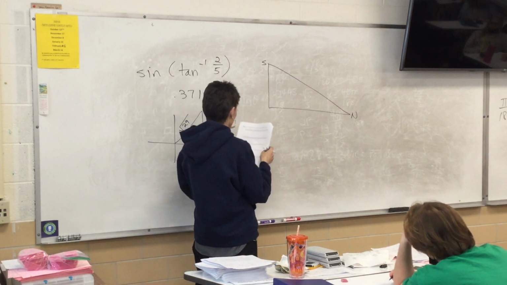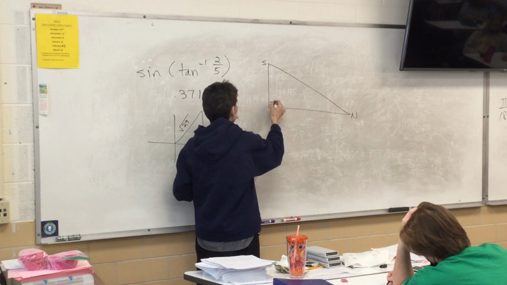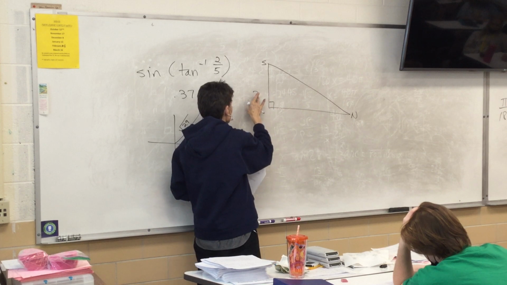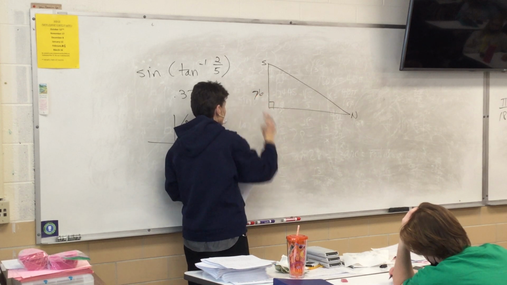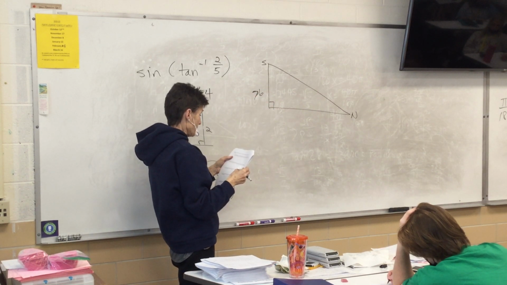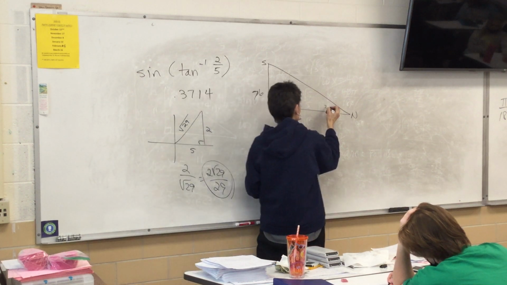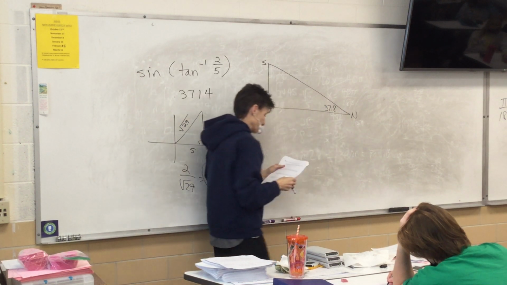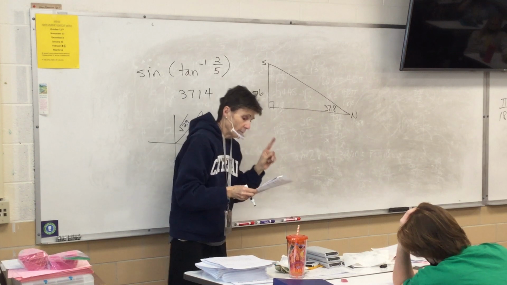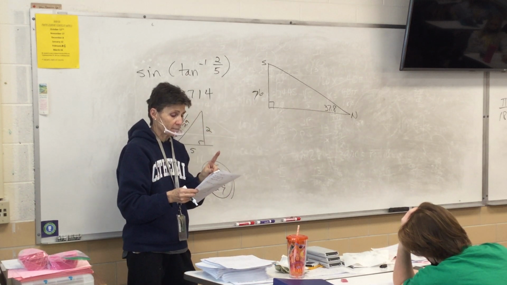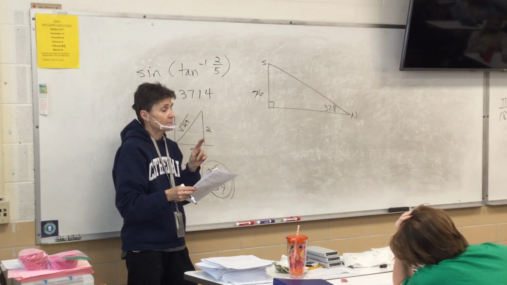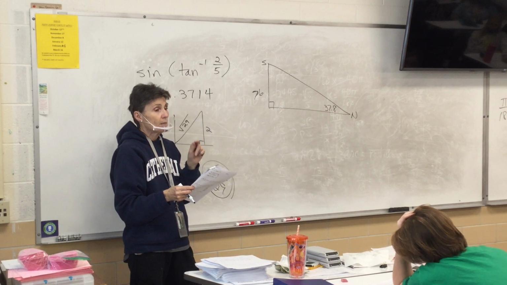Okay, what do I know? The tree is 76 feet tall. And the angle of depression is 37.8. Find the distance from the nut to the base of the tree.